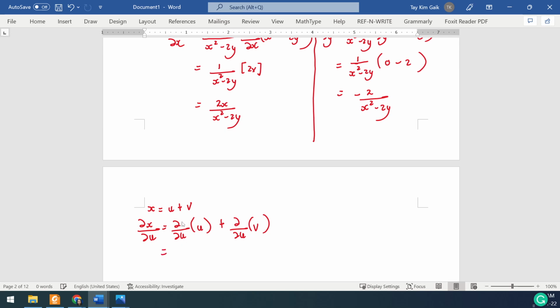Del del u of u, like du du, cancel out, just get 1. You see, numerator del u, denominator del u, slash it, 1, right? So when you del del u, v is constant. So differentiating a constant gives 0. That's why the answer is 1.